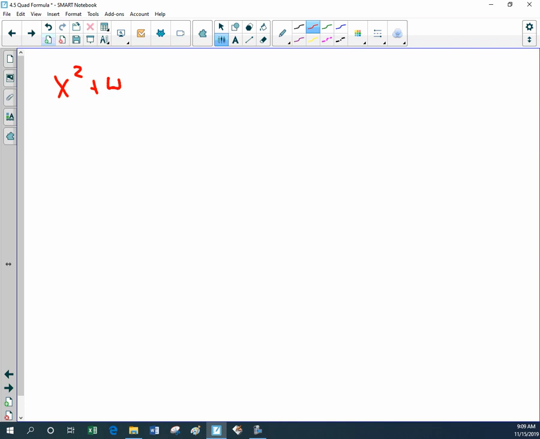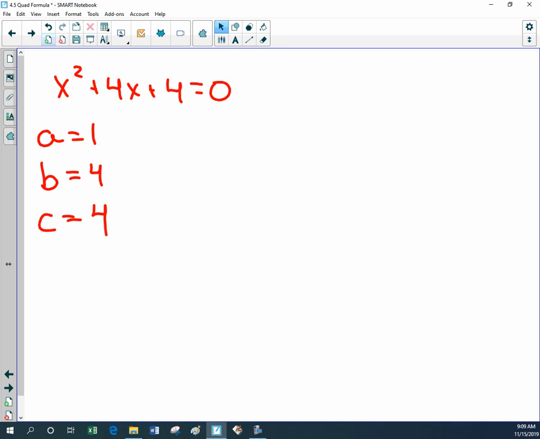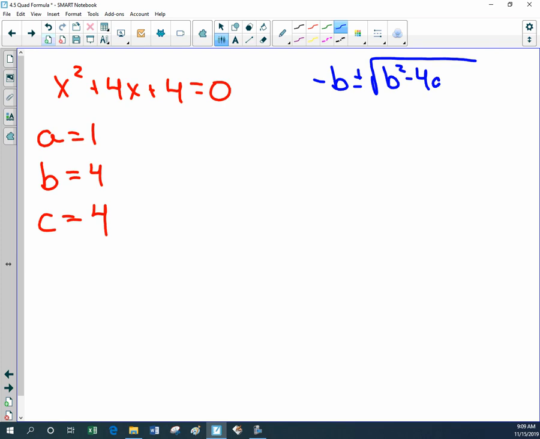So quadratic formula, we have a is 1, b is 4, and c is 4. Here's quadratic formula, so plug your numbers in.